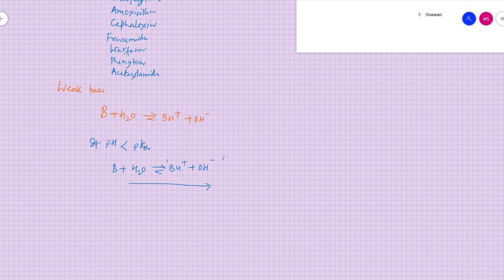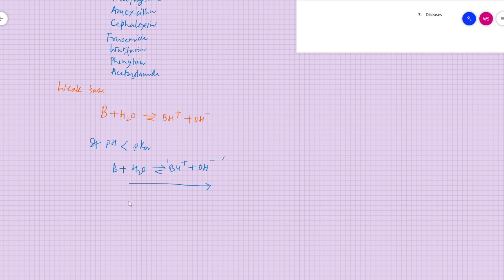Okay, so imagine the case that the base is in the acid medium of the stomach. Because this is a weak base, obviously the pH would be less than the pKa, and then the weak base would be ionized. As a result, it won't be absorbed in the stomach.